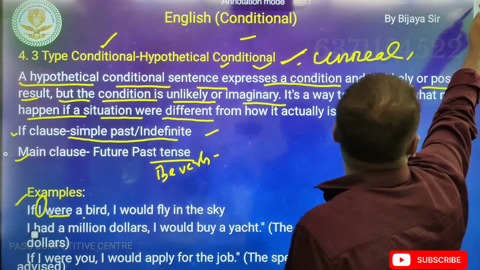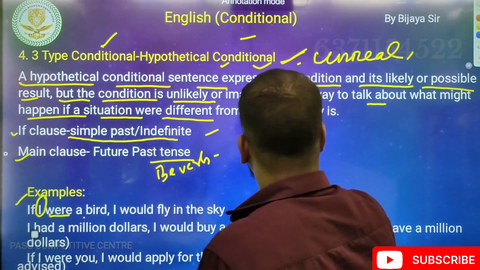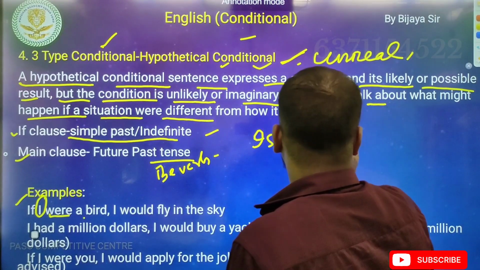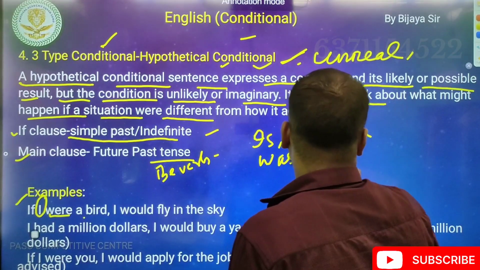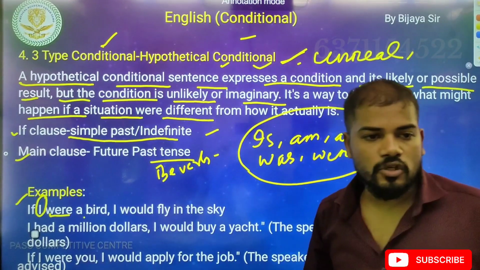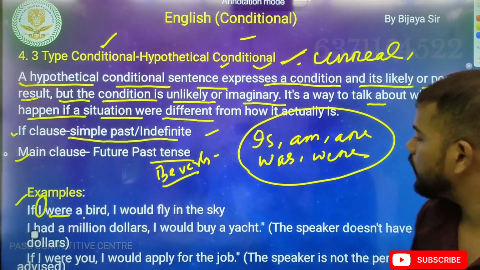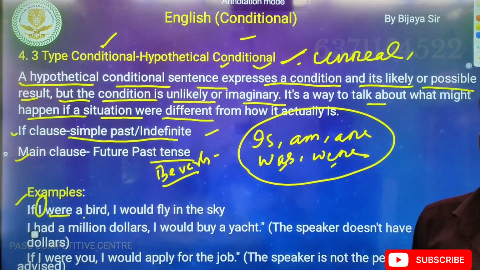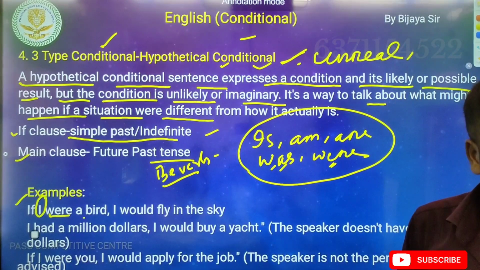Is, am, are, was, were. These are known as be verbs. Yes or no? And for the simple past, we will use either was or were. Was is used for singular and were is used for plural.